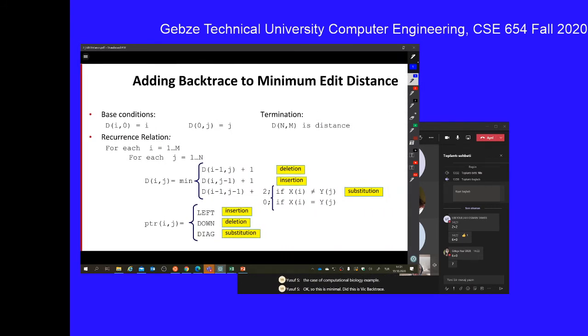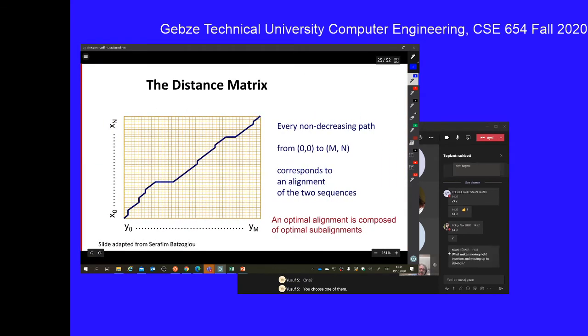And when you do the backtracing, of course, you need to keep a pointer. Where is your pointer: left, down, or diagonal? You choose one of them. Okay, good. So the distance matrix is this one.